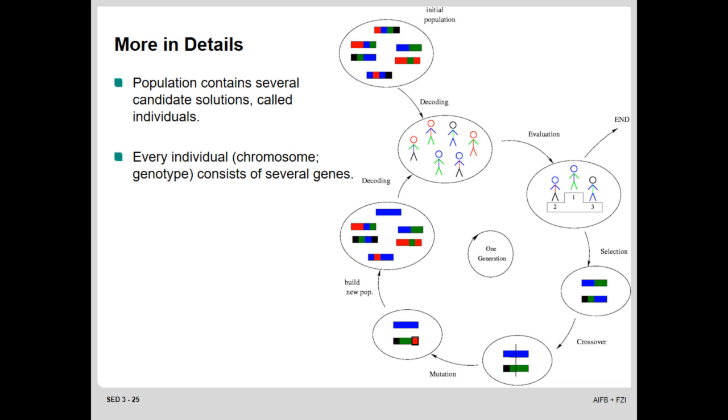Another view on that, maybe I have too many views on evolutionary algorithms. So this again shows potential solutions. They are evaluated. Now potential solutions can just be a sequence of numbers, for example, cities that you would like to visit, or projects that you would like to schedule.